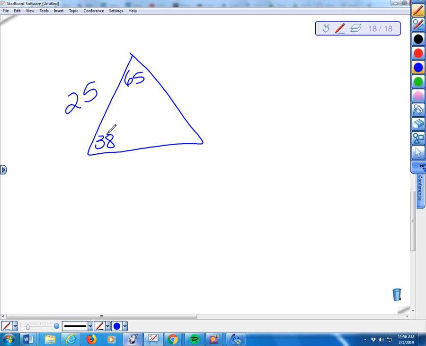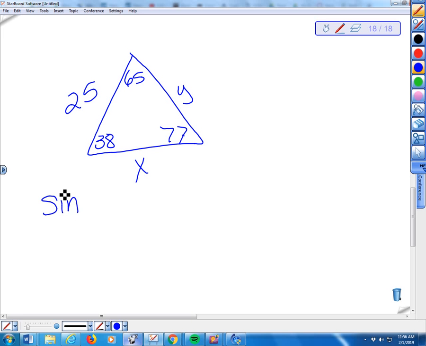The first side, let's just call it X. Second side will be Y. I can find the first side. First, I'm going to have to solve for this angle. So what is that? 90, 103, 77. Now I can use law of sines.